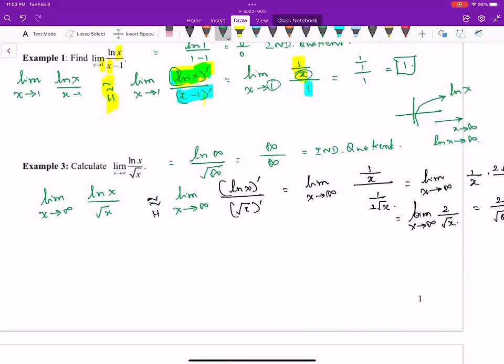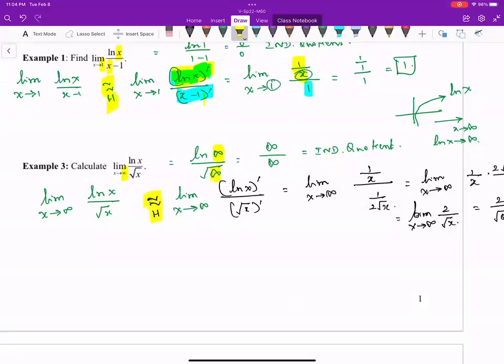We'll take another example. The limit as x approaching infinity of ln x over square root of x. If you plug in x equal to infinity, it becomes ln of infinity over square root of infinity. Both values are infinity, because if you look at the graph of ln x, as x approaches infinity, ln of x approaches infinity. So the numerator is infinity, the denominator is infinity as well. It's again an indeterminate quotient. Anytime you have an indeterminate quotient, you can apply L'Hopital's rule.